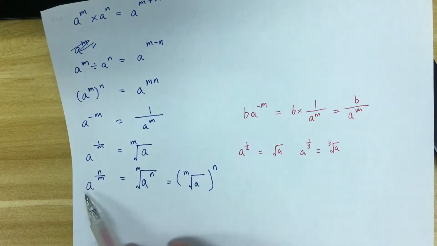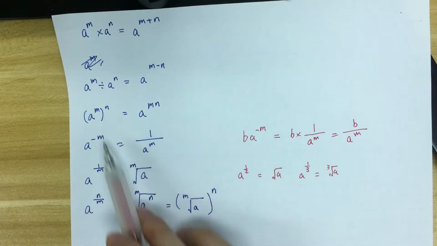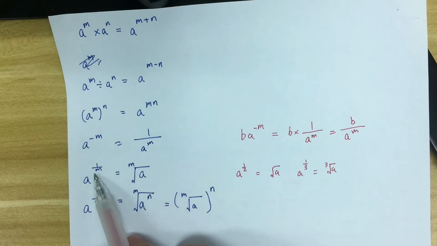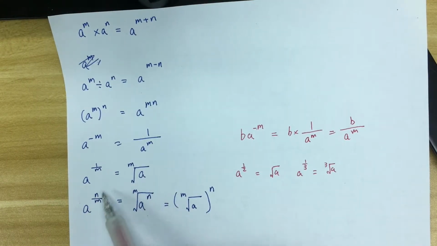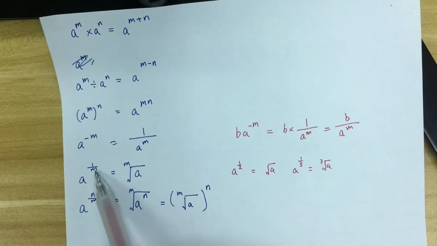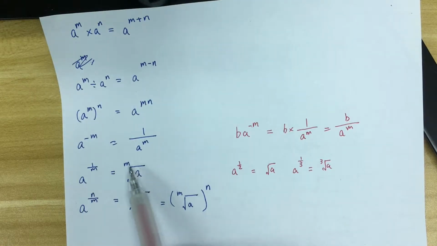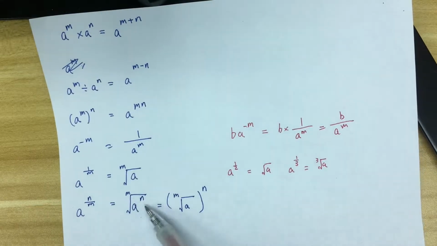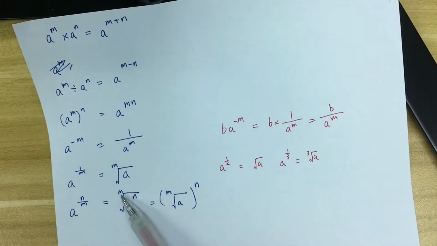And the last one is just combining all of these. Where you have a to the power n over m, you can root it first, or you can square or cube it first, and then root it.